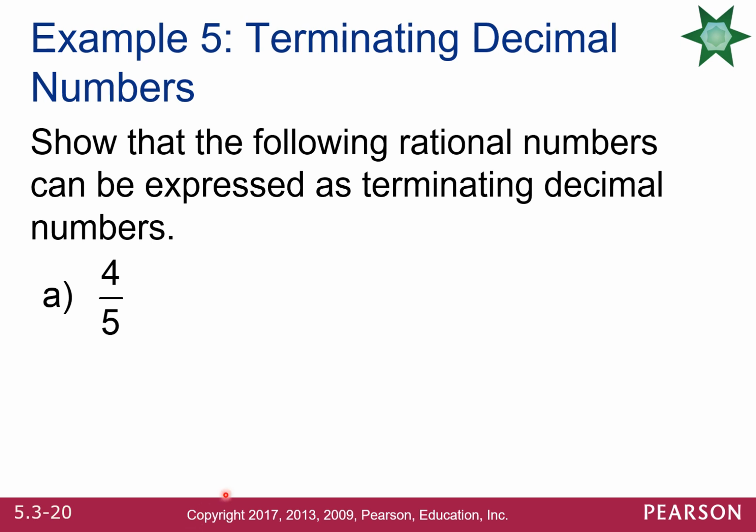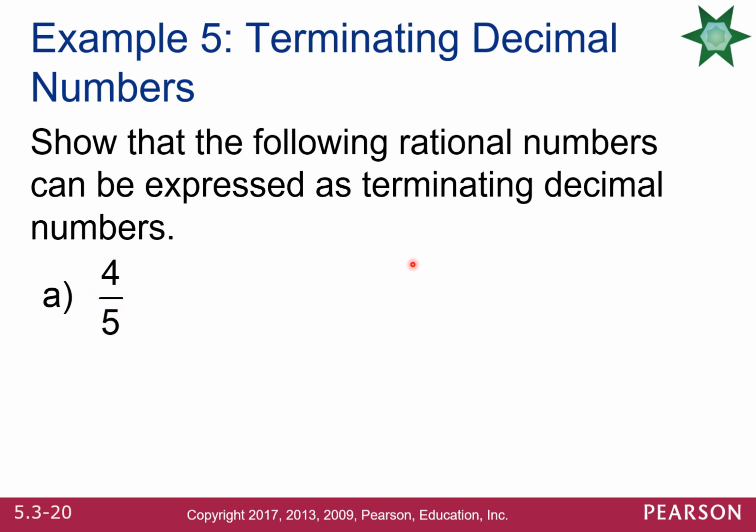Now here's a set of examples where we convert a fraction, a rational number, into a terminating decimal number. So it says here, show that the following rational numbers can be expressed as terminating decimal numbers. Now the way you convert a fraction to a terminating decimal number is by dividing the numerator by the denominator.